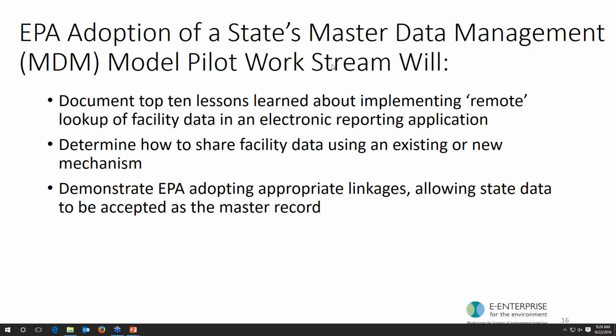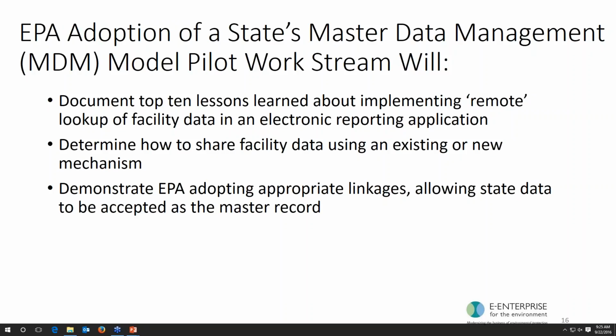What we're going to do under this particular work stream is focus on how the EPA model could work with a state that has a very sophisticated system, and how those two systems could work together, so that through this overall project we can take advantage of the knowledge and investment that a state has put into the development of a master data management system, and share that information with EPA through its new system, but also think about some of the interaction considerations between a mature state system and where EPA is going with its own.